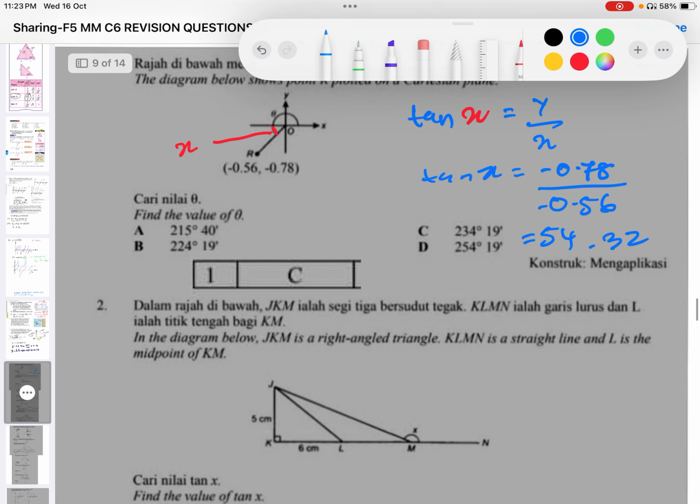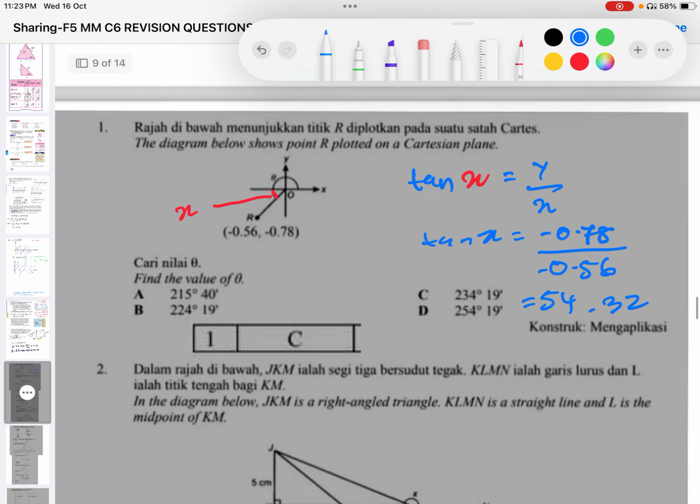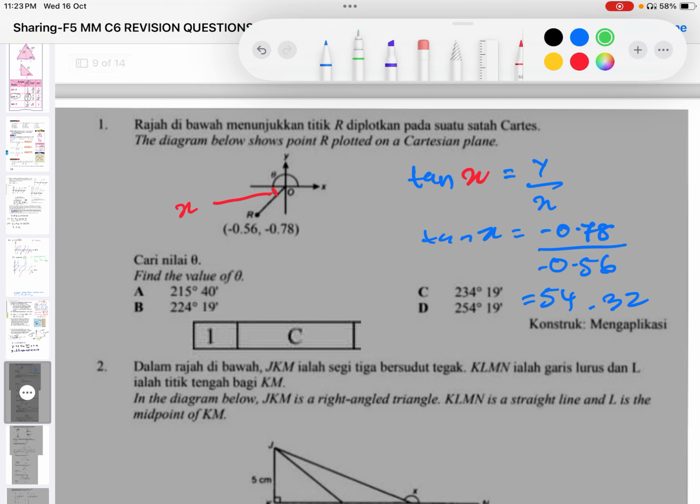So that's the corresponding angle, and the other angle, the remaining of theta, will be 180 plus 54.19.